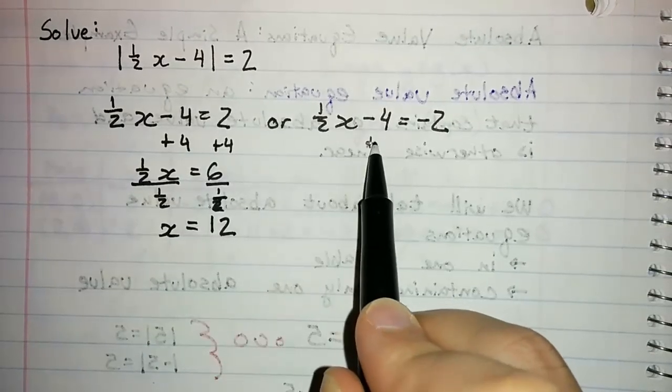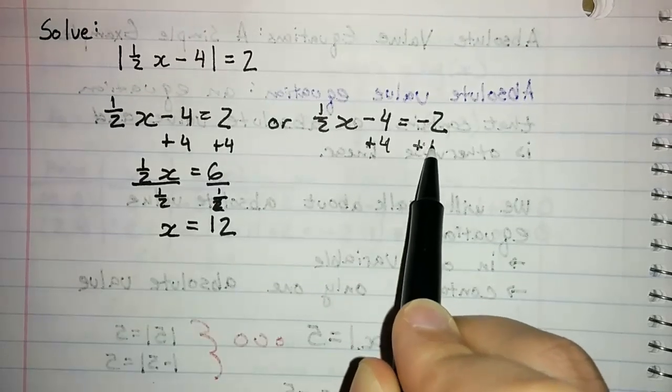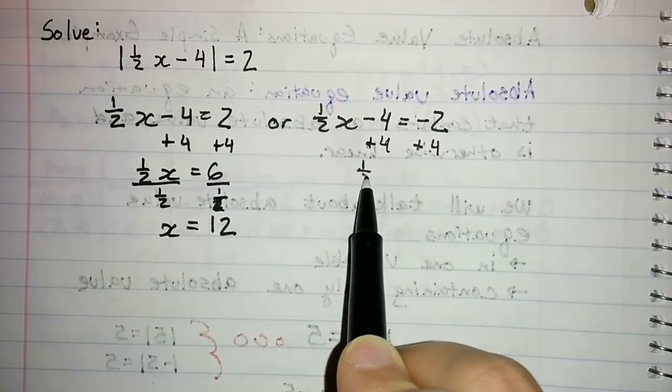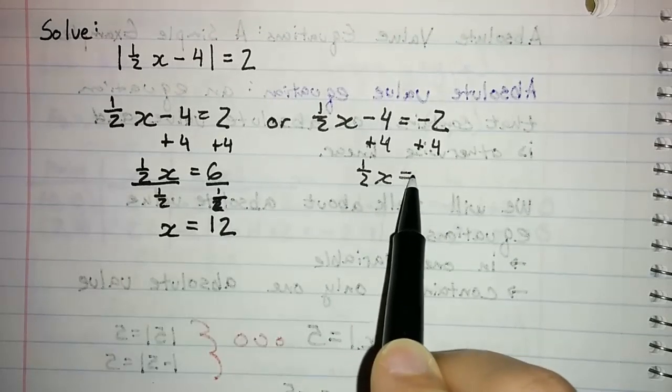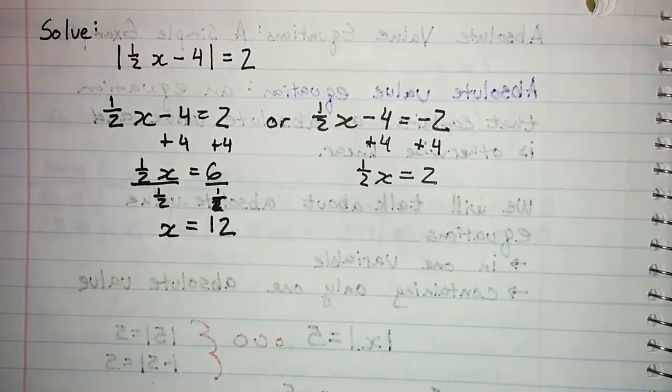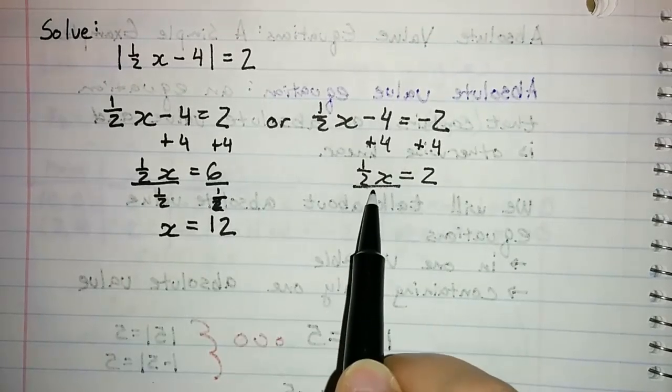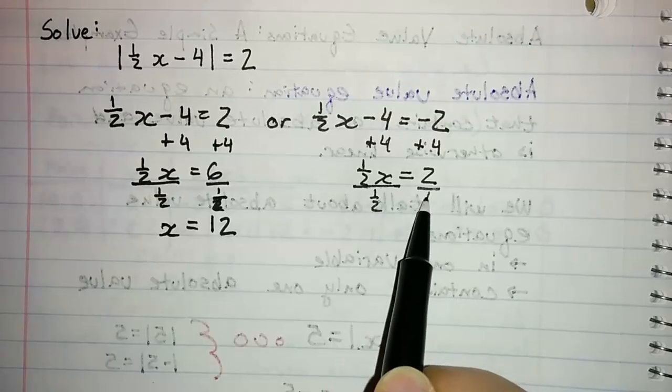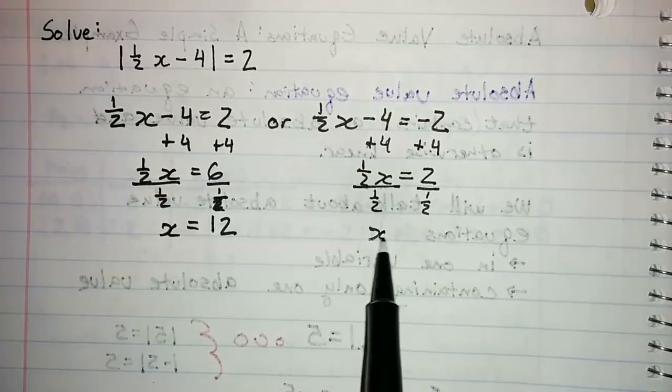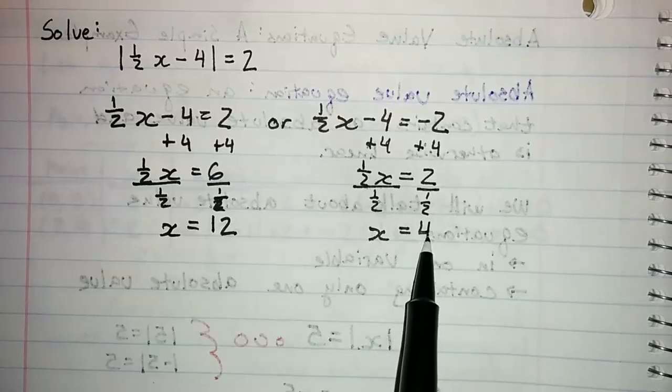Alright, over here, again I'll add 4 to both sides. I get (1/2)x equals positive 2. Again, dividing both sides by a half, I get x equals 4.